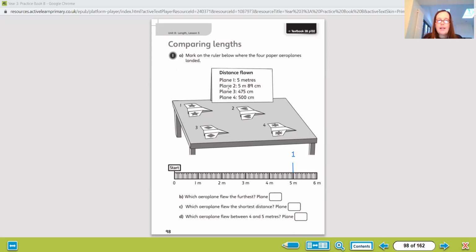Okay, plane 2 has gone 5 metres, 89 centimetres. So this is where we need to be using our smaller division. So 10, 20, 30, 40, 50, 60, 70, 80, 90. So we need to go in between 80 and 90, but really close to the 90 for this one.